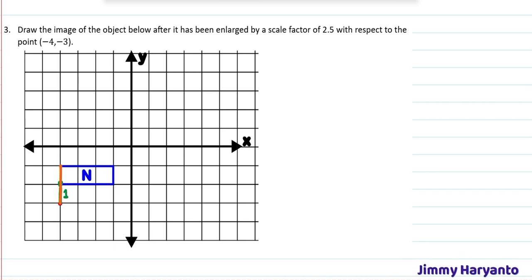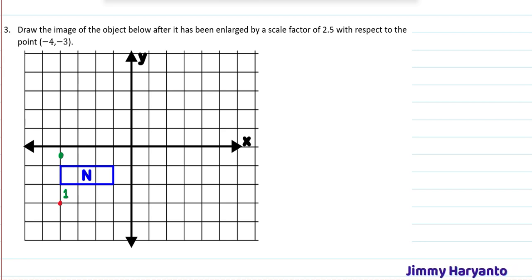My bad, 2.5 times 1 equals 2.5 units. Okay, so the green one will be right there.